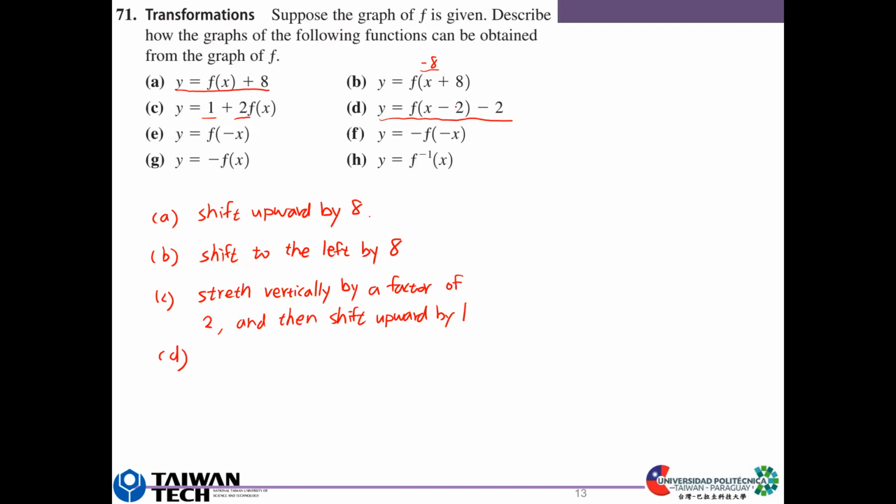Okay. And then we look at problem D. Well, x minus 2 equals 0, so x must be 2 to start from f of 0, right? So it is shifted to the right by 2.